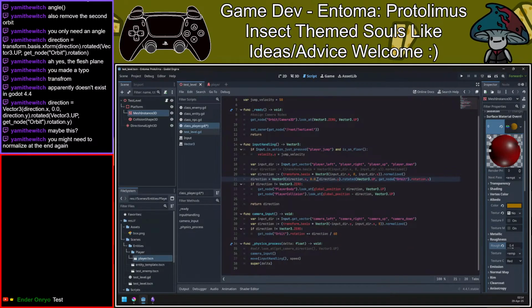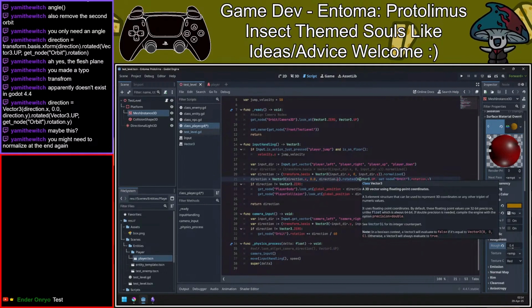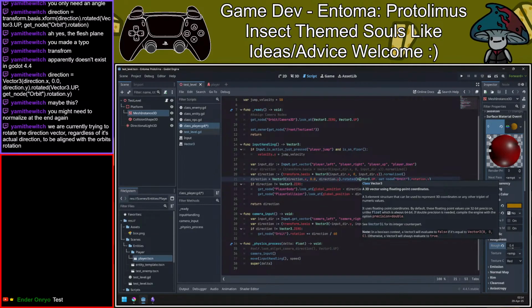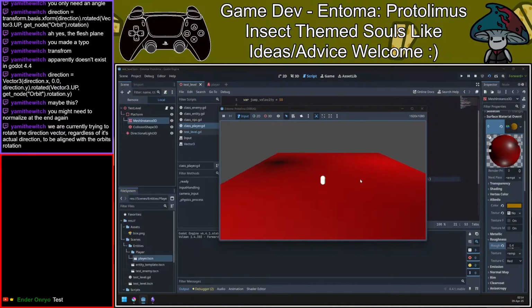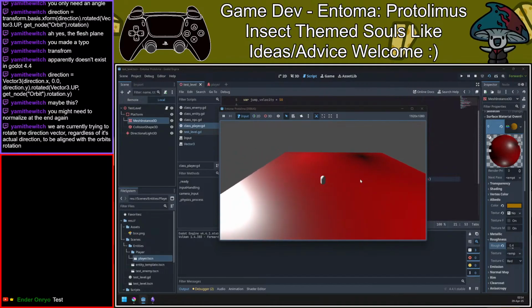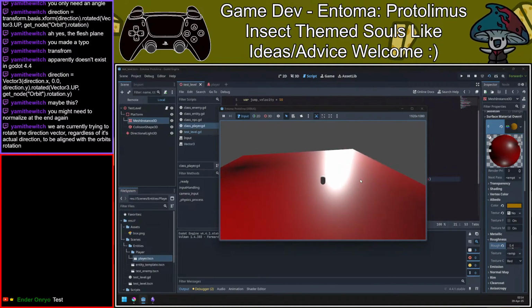Or well, this would be setting the z-axis to the y-axis, and then rotated around up. Currently trying to rotate the direction vector regardless of its actual direction to be aligned with the orbit. Huh. Okay, so I can't move forward or back, but left and right does follow the camera.